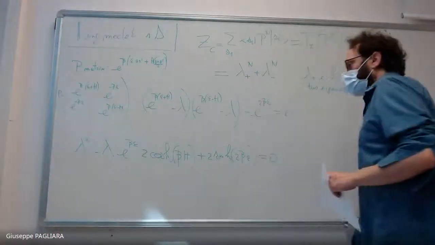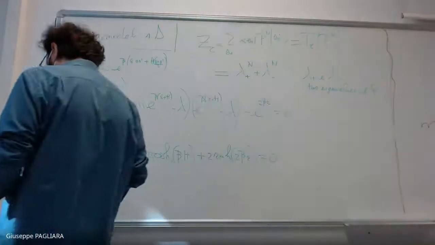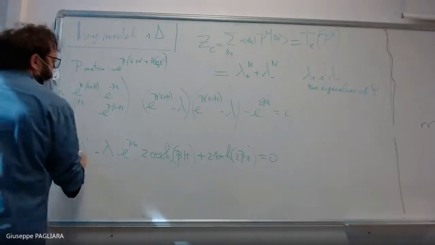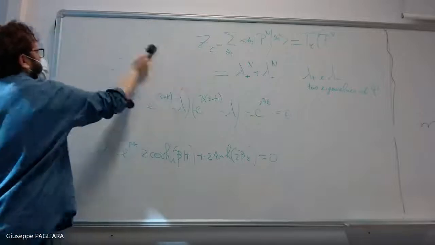So now, with the characteristic equation, I can get the two eigenvalues, and I'm going to check a little bit just to be sure that this one is correct. If you try to do it, check if it is correct.